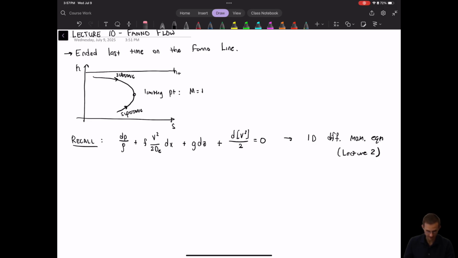If you want to go back, we will remind ourselves that f is the Darcy friction factor. It's equal to 4 tau wall, the shear stress at the wall, divided by rho V squared over 2.